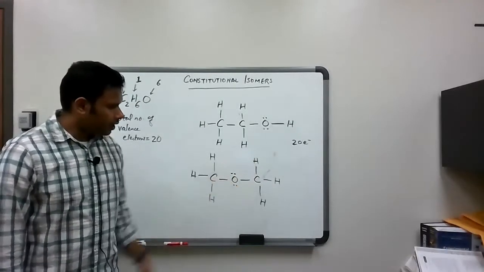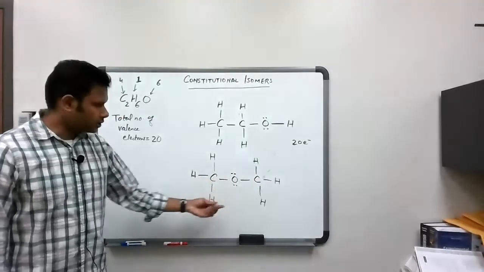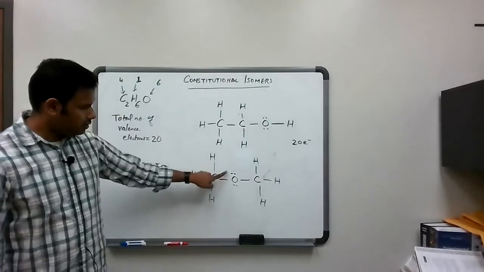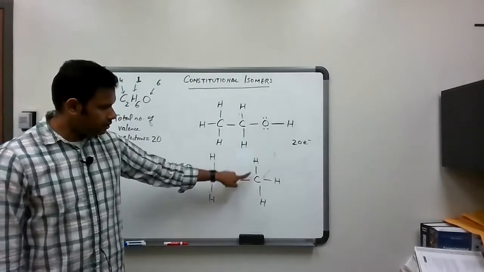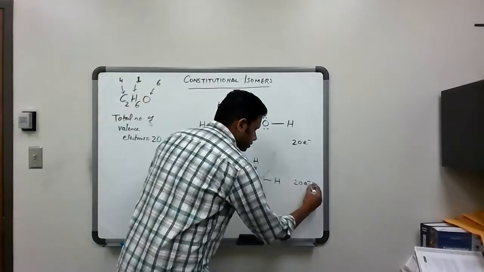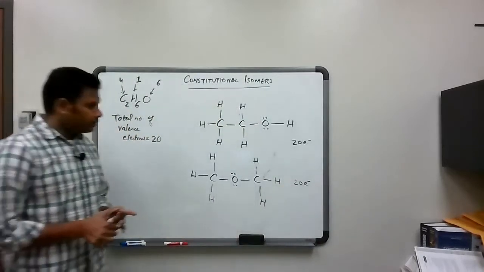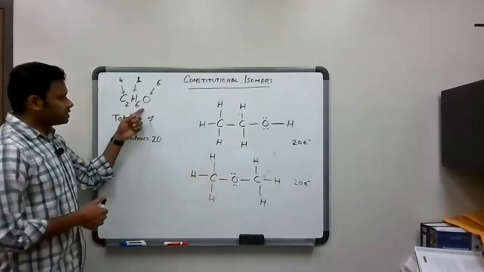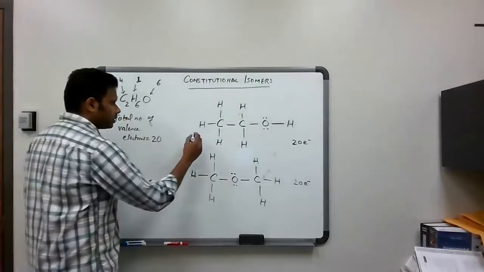So now what we've got is another Lewis structure. And if you count the total number of electrons, 2, 4, 6, 8, 10, 12, 14, 16, 18, 20. So 20 electrons. So that means these are 2 Lewis structures which have the same molecular formula again, okay?